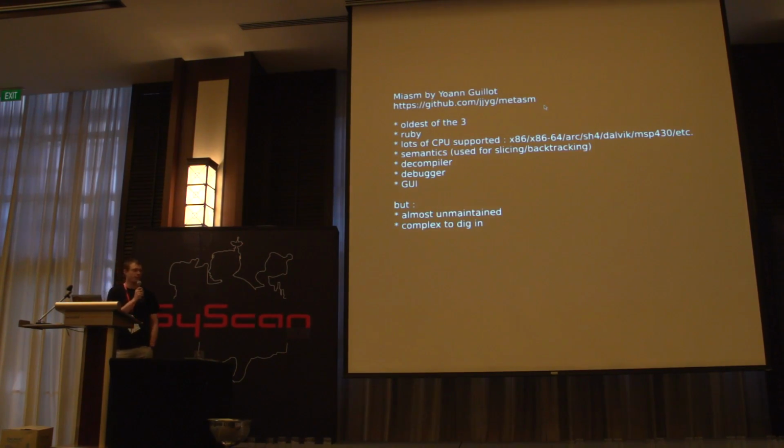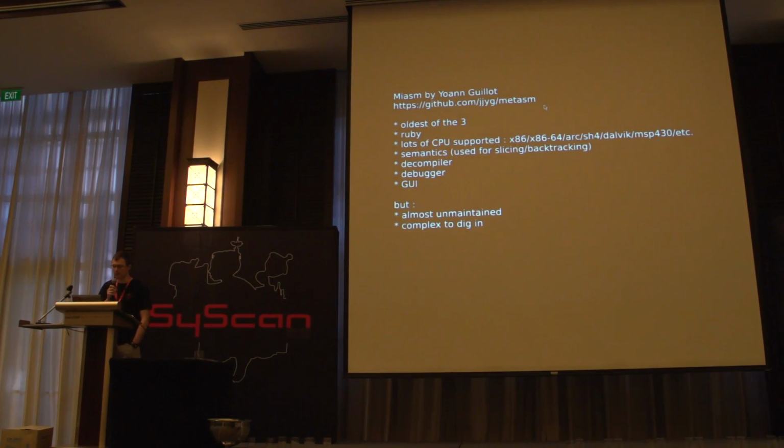It's the oldest of the 3. It's been developed for almost 10 years, I guess. It's coded in Ruby. It's very awesome because it has shitloads of CPUs supported. So you get classic ones, but you also have PIC, SH4, some Dalvik. You have quite a lot of things, so you can have fun with it.